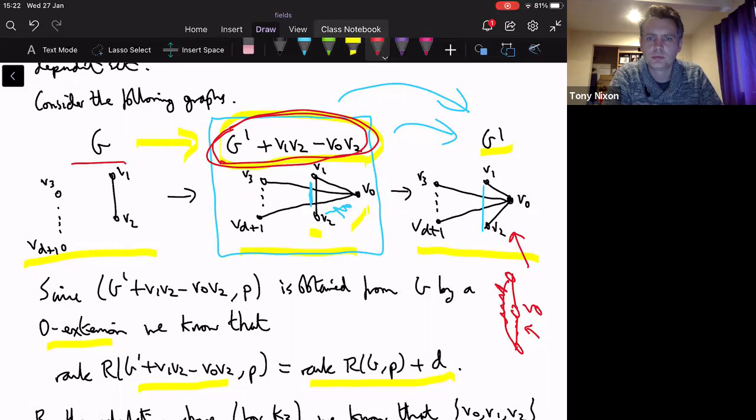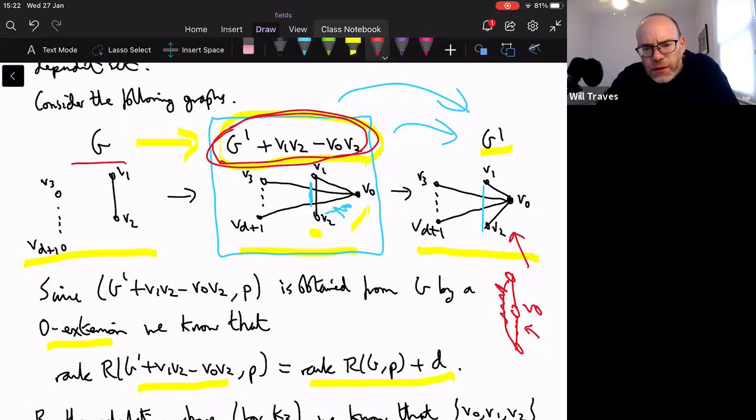I see. The reason that adding back in the edge doesn't change the rank was because of the circuit property. Yes. But you can see that circuit property independent of the rest of the graph. That's the thing that was bothering me.